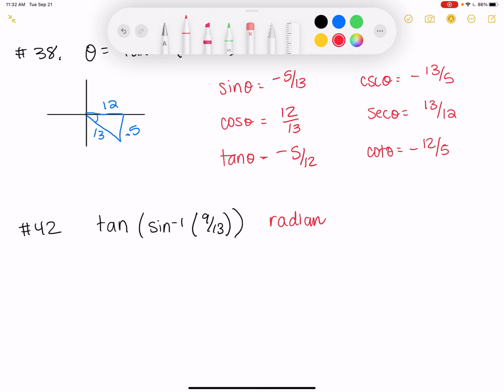So do the tangent of the inverse sine of 9/13 and then close the parentheses off. It may not actually matter what mode you're in. Oh, it doesn't matter which mode you're in. Ignore that. These aren't the ones that it matters. If you enter that exactly on your calculator, you get 0.959.